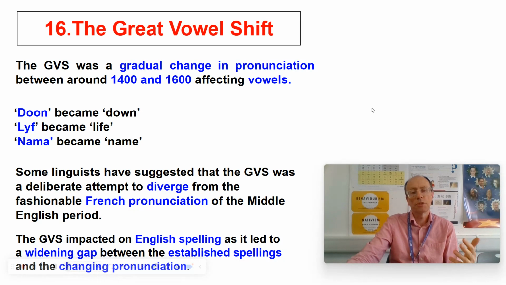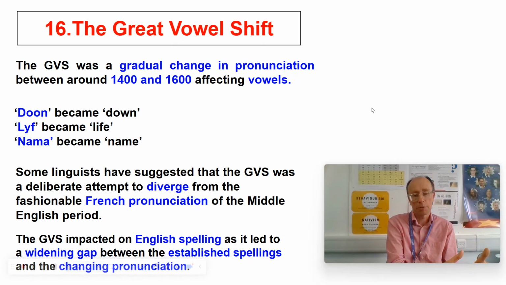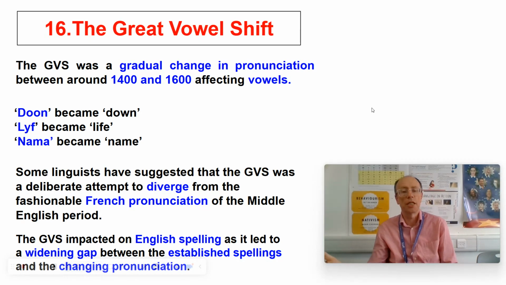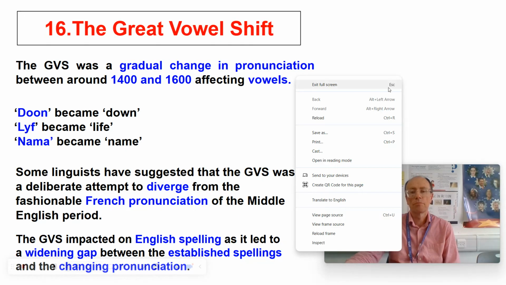And the reason why we're talking about it now when we're talking about spelling is that the Great Vowel Shift impacted on spelling, because it led to this widening gap between established spellings, which are beginning to take root in the 15th, 16th century, and changing pronunciation, the Great Vowel Shift.